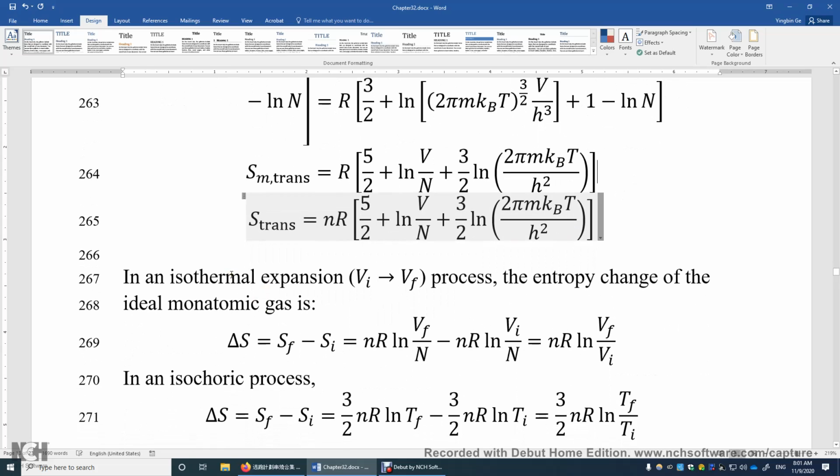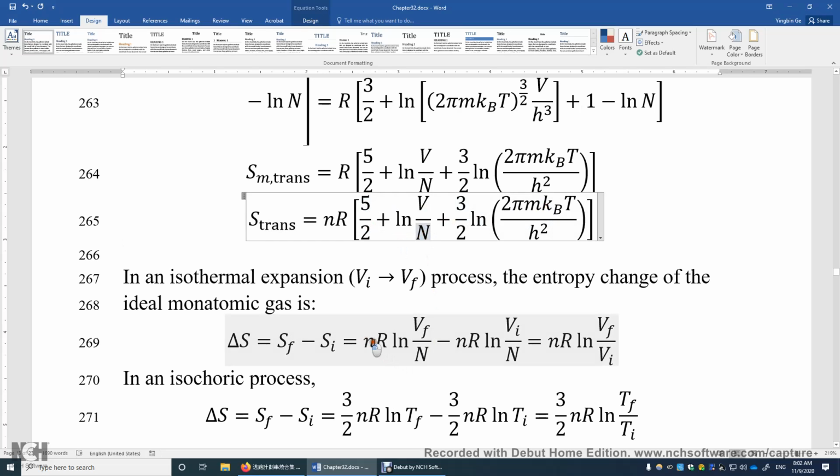Now let's get back to thermodynamics. In thermodynamics, we learned how to calculate the entropy change of a system in an isothermal expansion process. It's just NR times the logarithm of the ratio of volume. So now we can just use this equation. If you look at this equation, the translational entropy does depend on volume. It's right here. If the temperature is constant, this part doesn't change. This part doesn't change. The number of particles doesn't change.